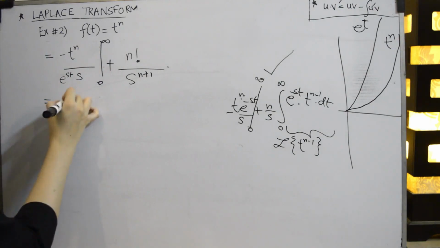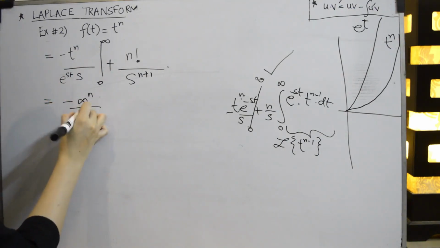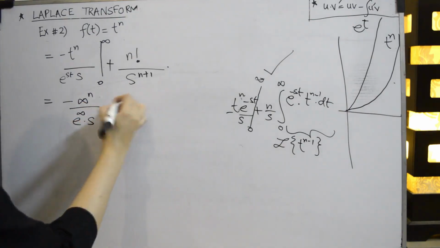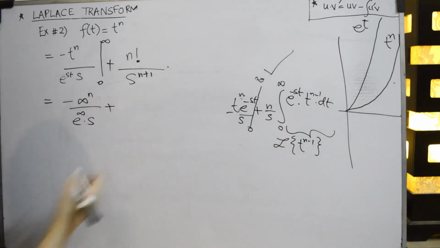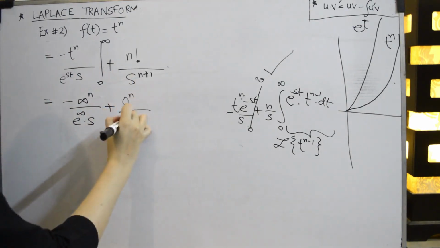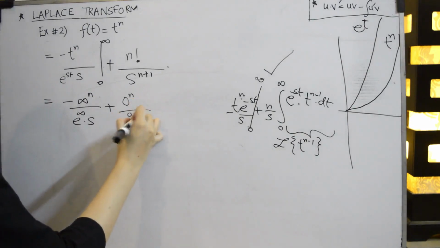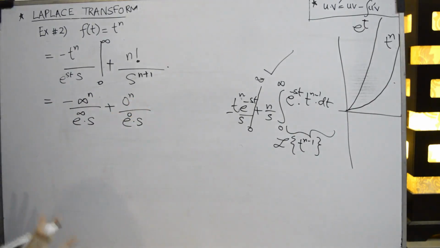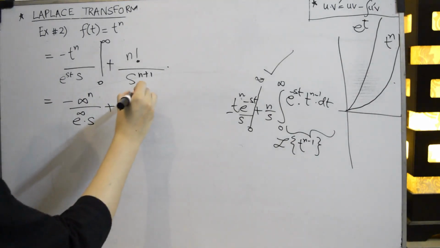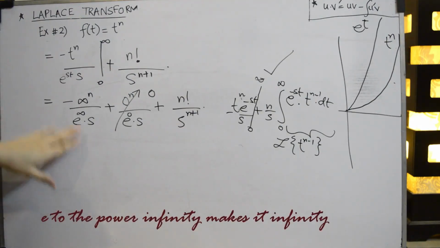So we have infinity to the power n e to the power infinity into s, minus minus becomes plus, and 0 to the power n e to the power 0 into s. Now these two terms: infinity to the power n is infinity and e to the power infinity is infinity.